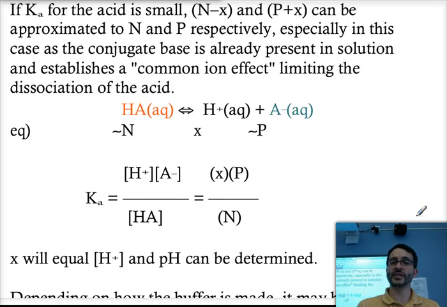Remember our statement, we always write our expression for Ka, which is the concentration of H plus ion times the concentration of the conjugate base divided by the concentration of the acid.